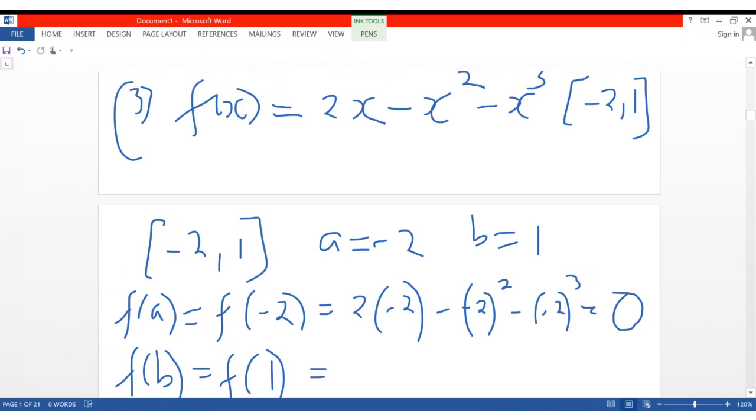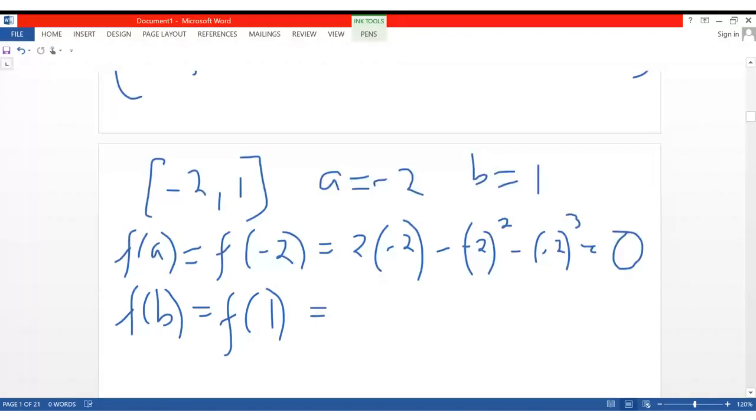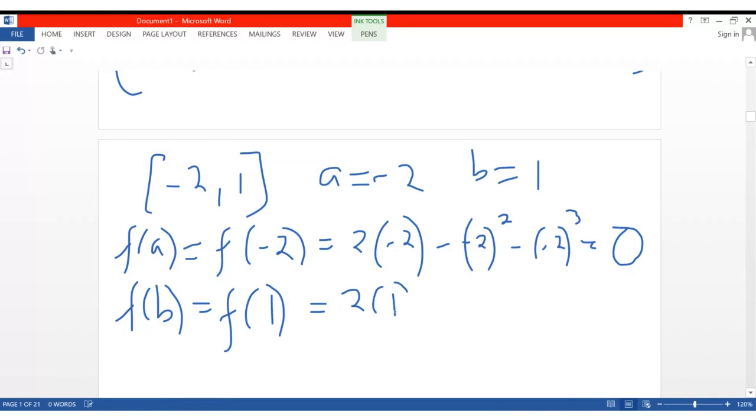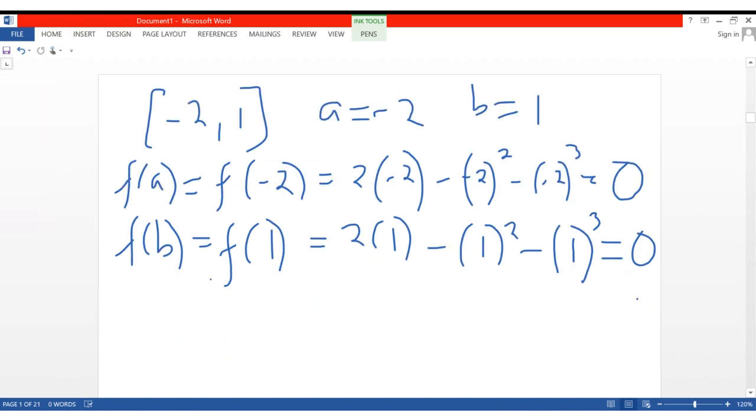So we replace again where there's an x with 1: 1 minus 1 squared minus 1 raised to the power 3. Again, when you do this one, you still get 0. So you can see that our f of a is equal to f of b, which is 0. So we can proceed to verify Rolle's theorem because they are equal.